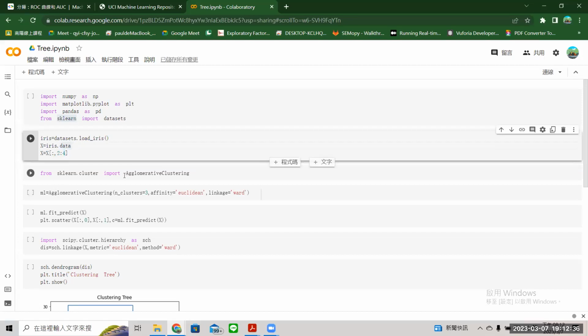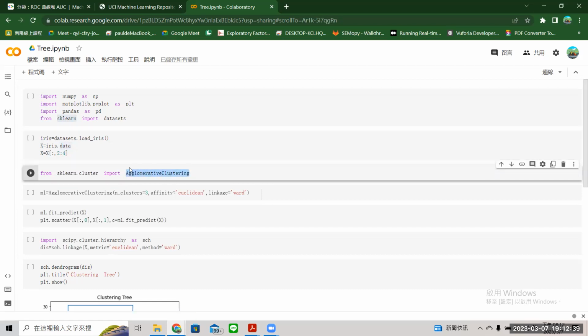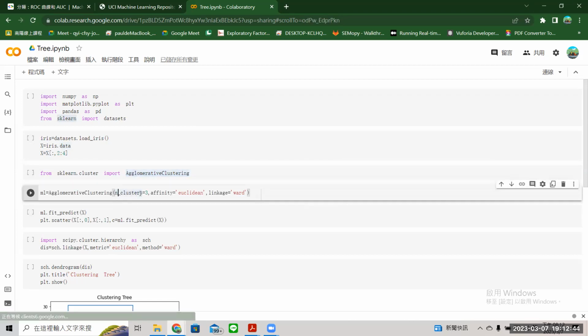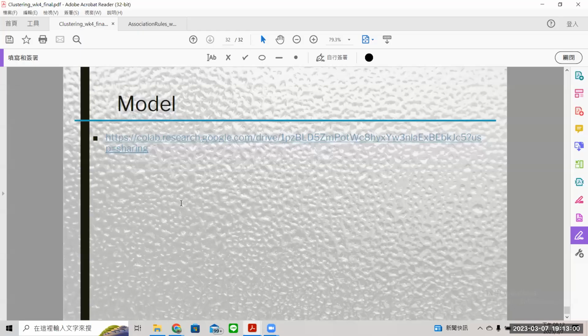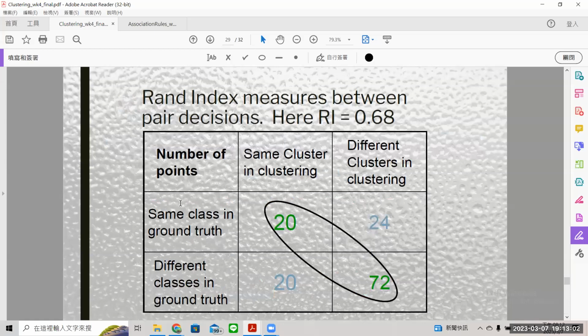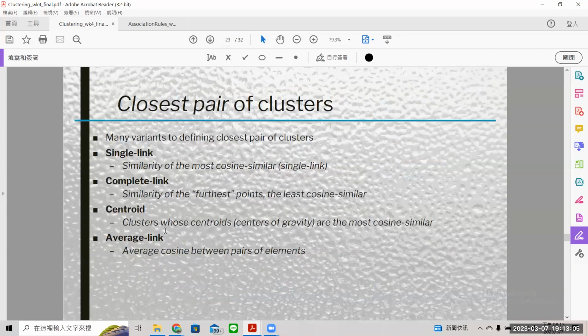After that, I import AgglomerativeClustering directly. It's very straightforward. Now I try to cluster into 3, and for linkage you can choose which one you want, do you remember? It matches what I just told you here: single link, complete link, central link.